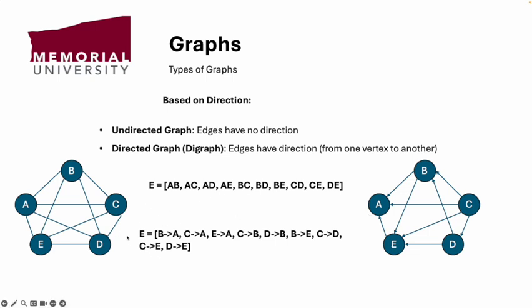So in this case, when we define the edges, we need to define the direction: B to A, C to A, E to A, C to B, D to B, B to E, C to D, and C to E, and so on. So there will be much fewer edges than in the undirected graph.